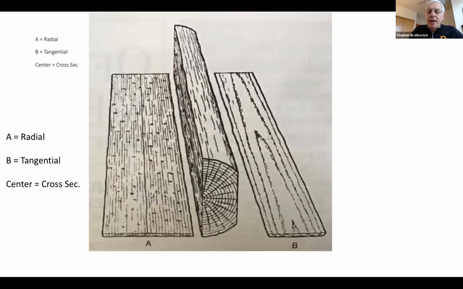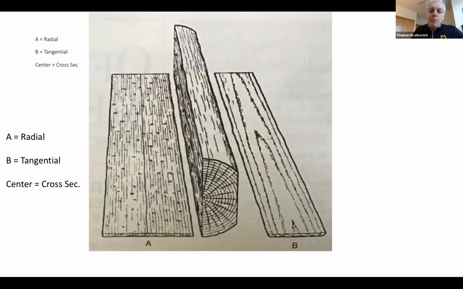And if you cut a log into lumber, you'll see the board on the left is the radial, what's called the radial surface. And the one on the right is called the tangential. And the one on the left is where we're taught to hit the ball. And the one on the right, the B, the tangential, that's where the trademark normally is.